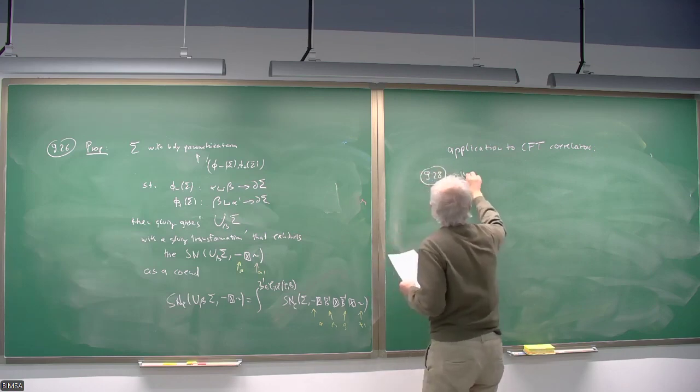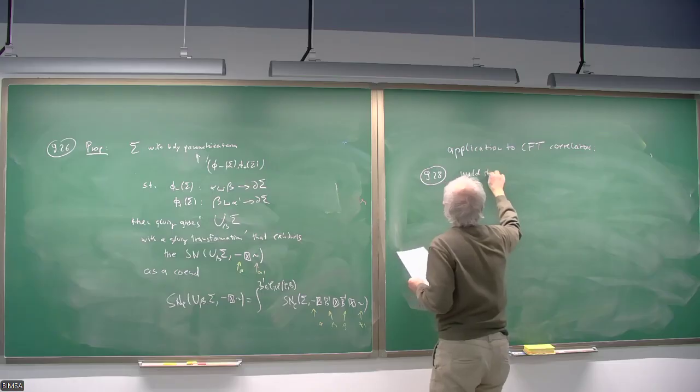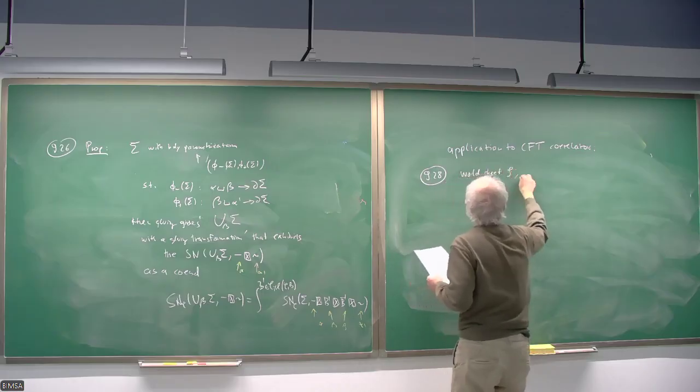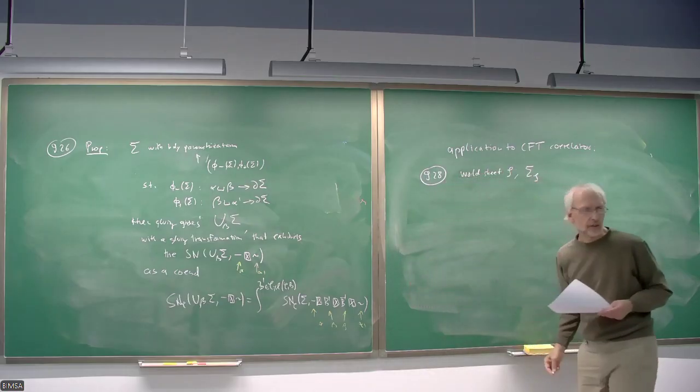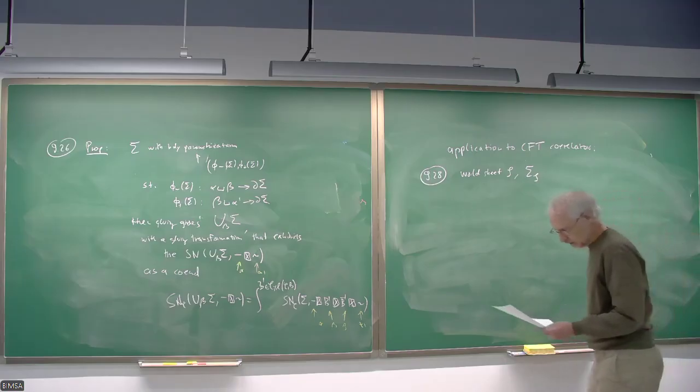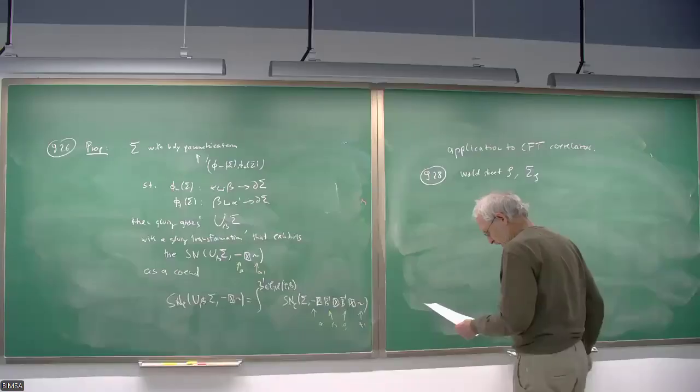And so we consider a worldsheet S and the corresponding surface Sigma S, which I have described before.